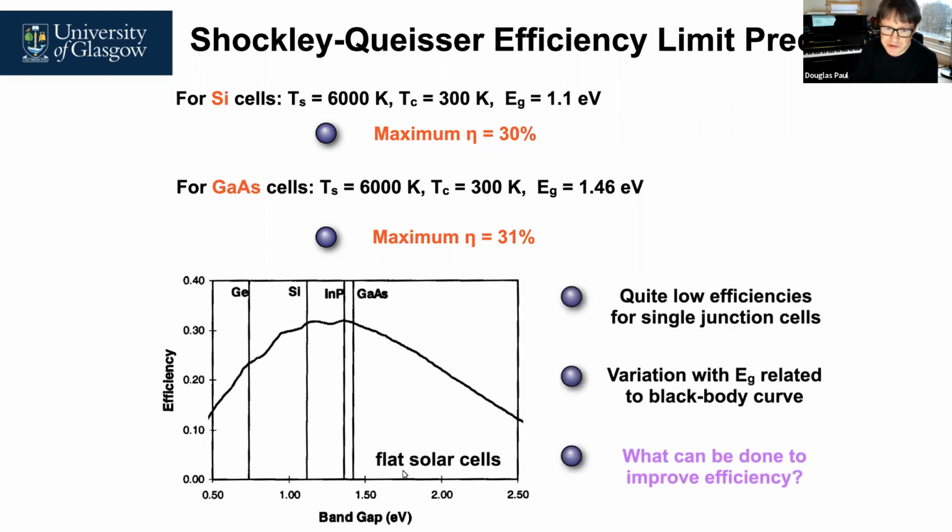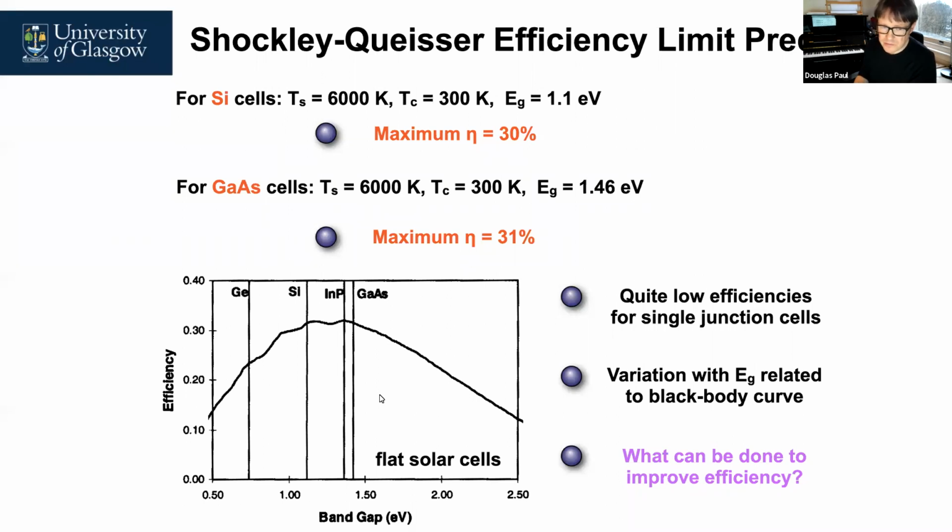Now you can do this as a function of the band gap of the semiconductor material, and you can see that the efficiency varies. And in fact, gallium arsenide and silicon are pretty close to the peak of efficiency of photovoltaic cells. So this is pretty good.